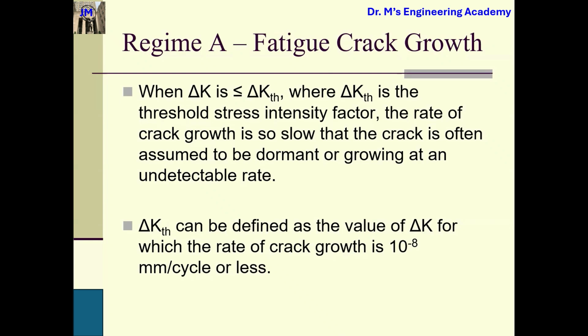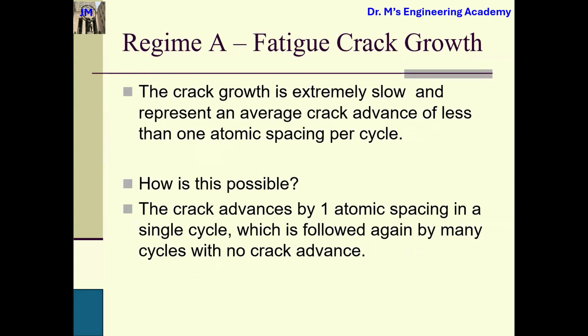So delta K_th can be defined as the value of delta K for which the rate of crack growth is 10⁻⁸ millimeter per cycle or less. So this is delta K_th.